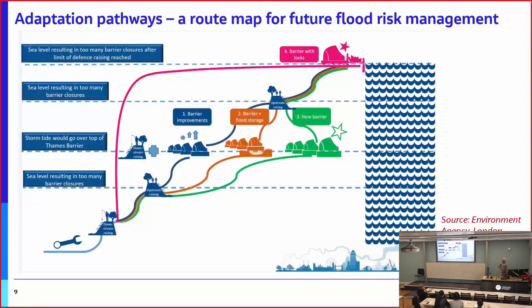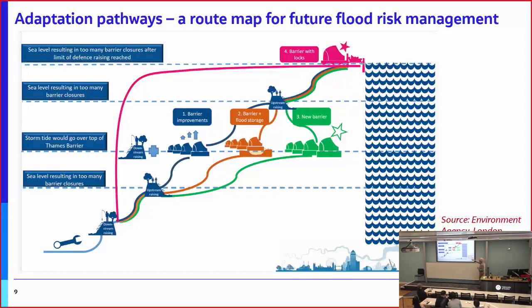I talked about using pathways as guides to help stakeholder engagement. This is the same diagram that I've just shown you, but it's presented in a much more visually appealing way that is easier to understand.